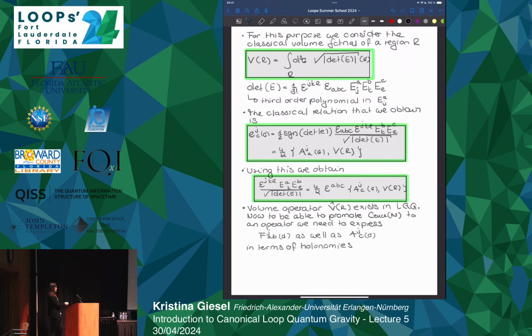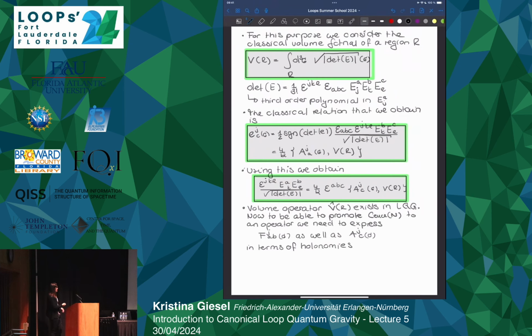And now we have the advantage that we have a classical volume functional here, which we can promote to an operator. Francesca was mentioning this already in one of her lectures. And here we have the Ashtekar-Barbero connection, which we can approximate or describe in terms of combinations of holonomies.